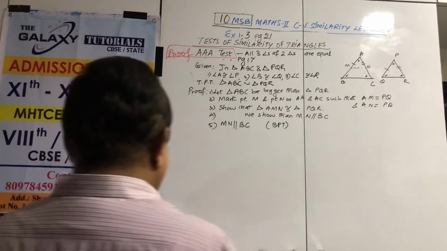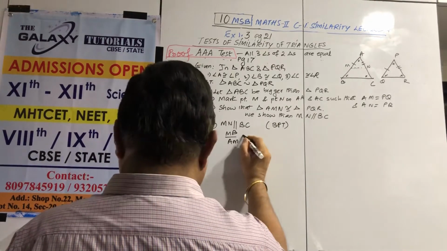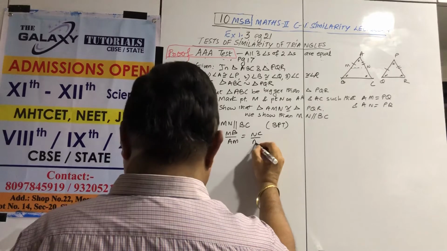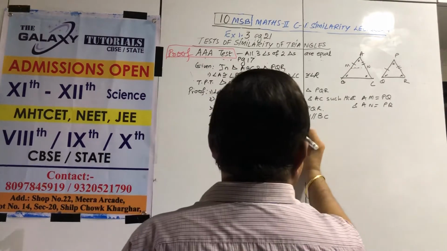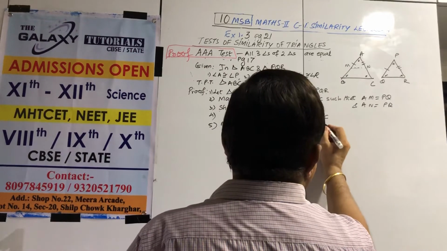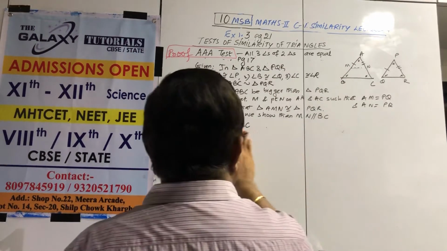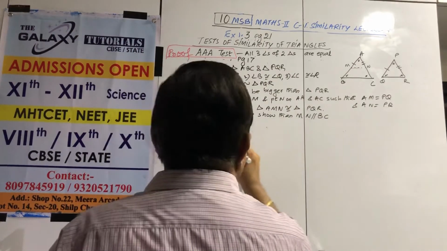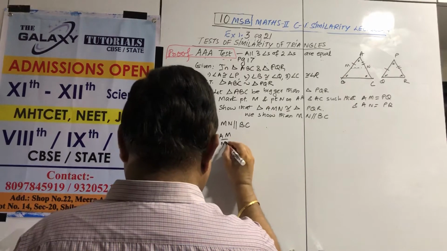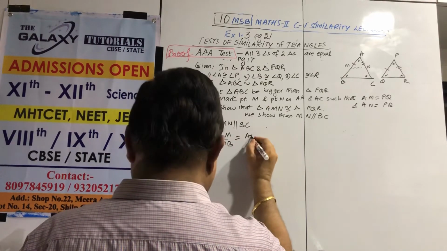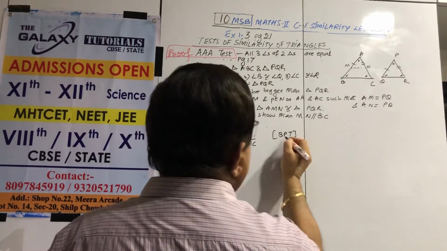Then, also MB upon AM is NC upon AN. Why? Because by BPT, I will have AM upon MB is, or we put it in proper shape, okay. AM upon MB is equal to AN upon NC, BPT.